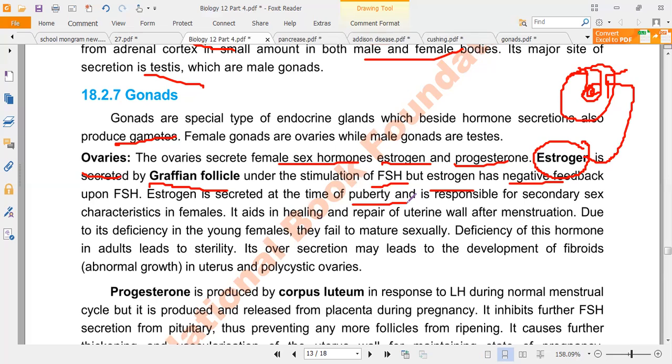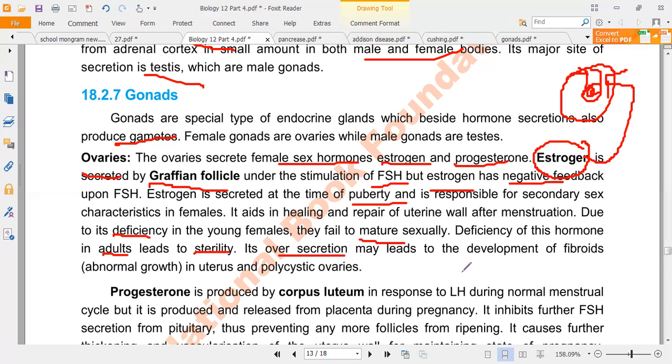Estrogen, at the time of puberty, is responsible for secondary characteristics in females, as well as healing and repairing of the uterine wall after menstruation. Its deficiency in young females causes failure of sexual maturation, and in the adult stage deficiency can cause sterility, because estrogen is very helpful in stimulating follicles which have egg cells in them.